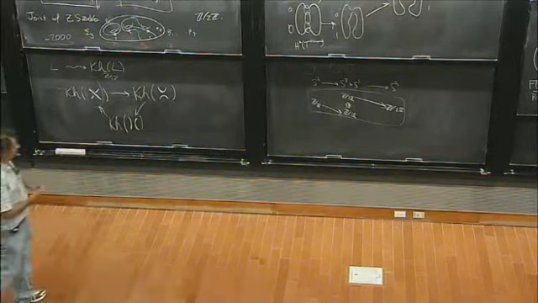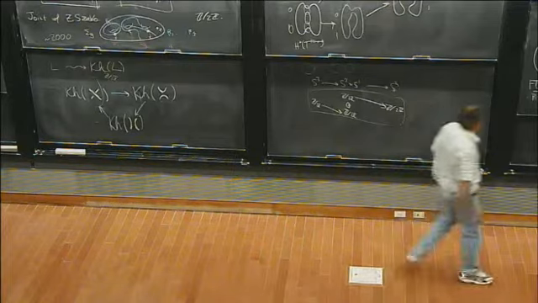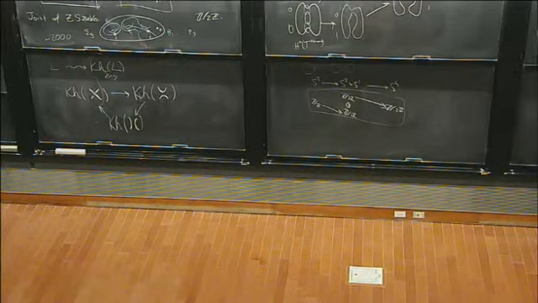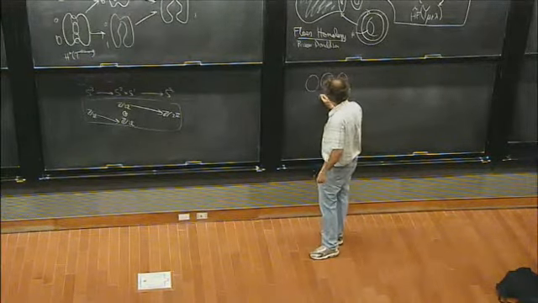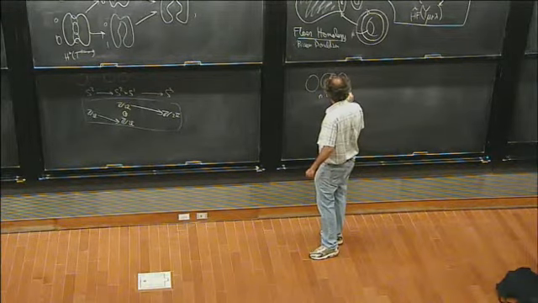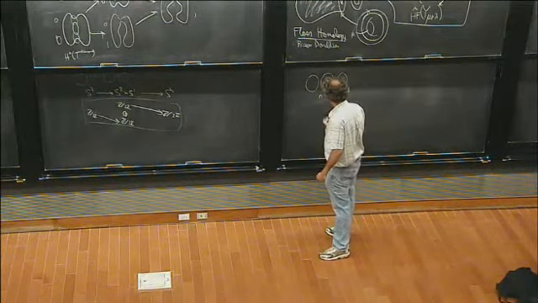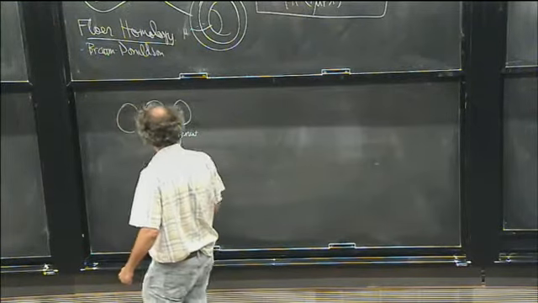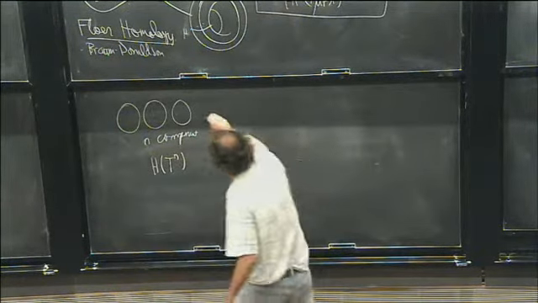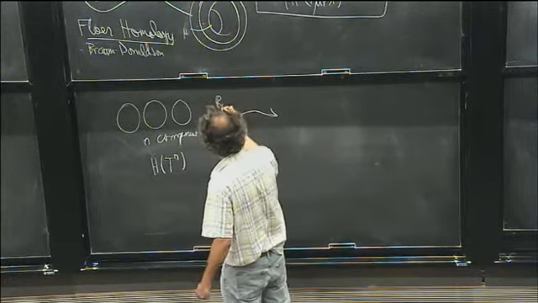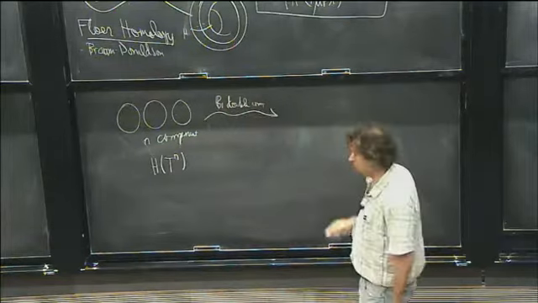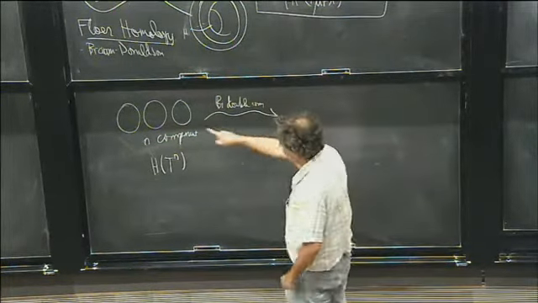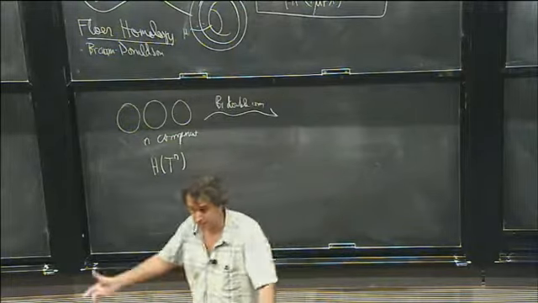Now, here's the relationship between these two constructions. If I have an unlink with n components, then Khovanov would naturally associate to that the homology of the n-dimensional torus. However, if you take the branched double cover, what's the branched double cover of a disjoint union of n circles?